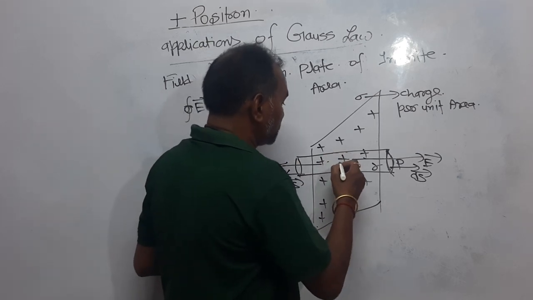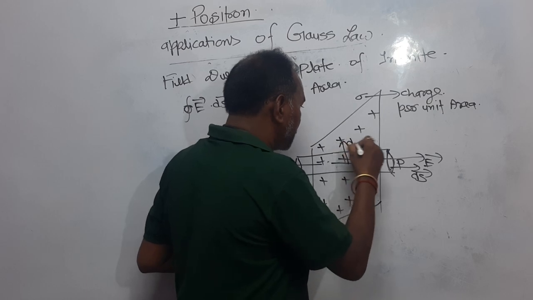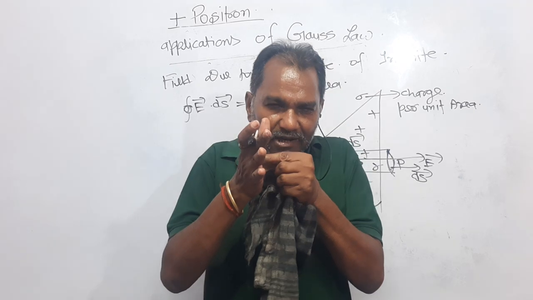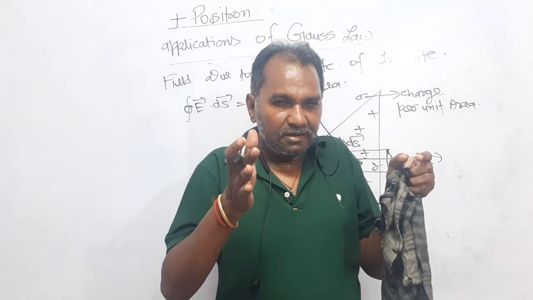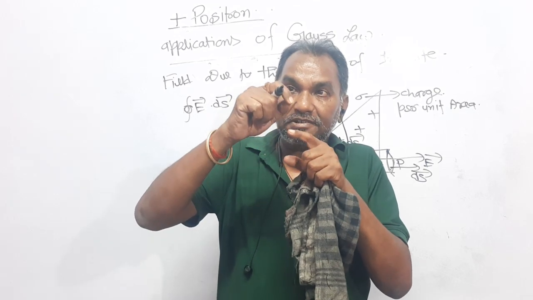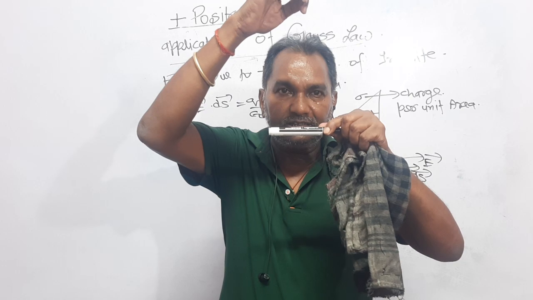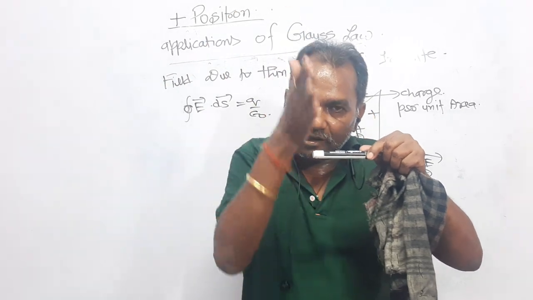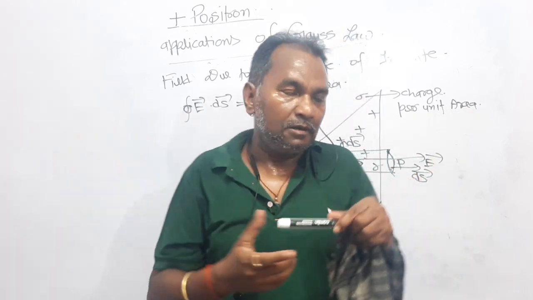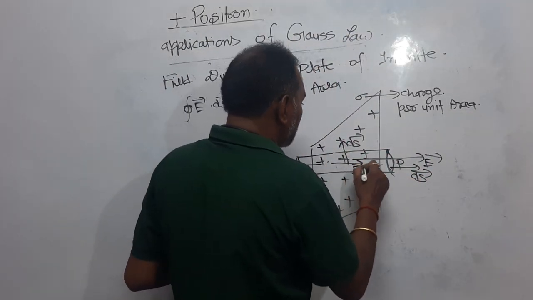But on the curved surface, field lines will be like this, but ds will be like this, because electric field lines go out from the charge. On the curved surface the area vector will be perpendicular, and since charge is distributed on the plate, field lines will go straight to left or right. So on the curved surface E and ds are perpendicular.